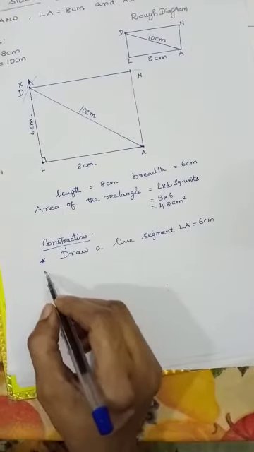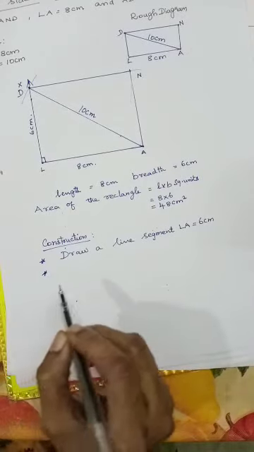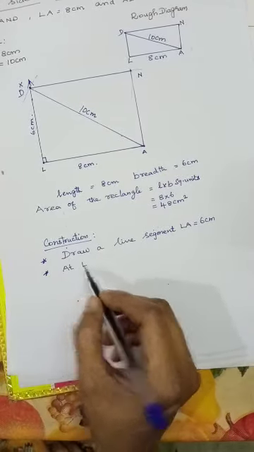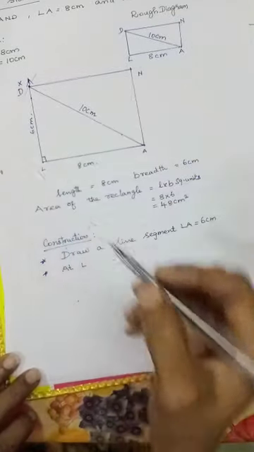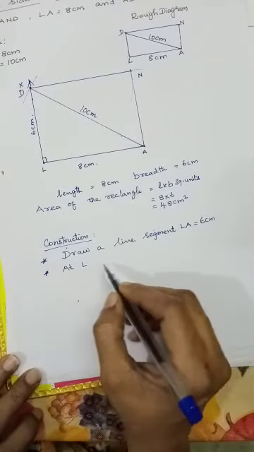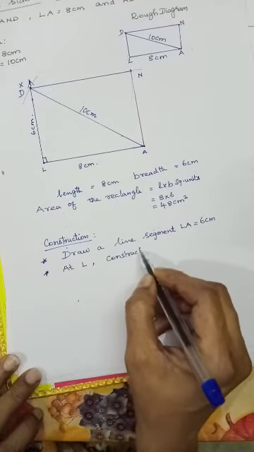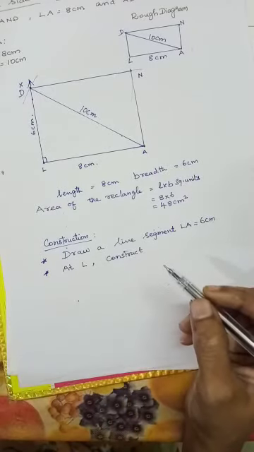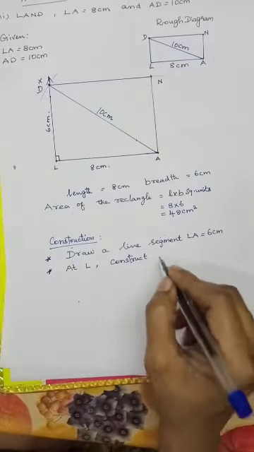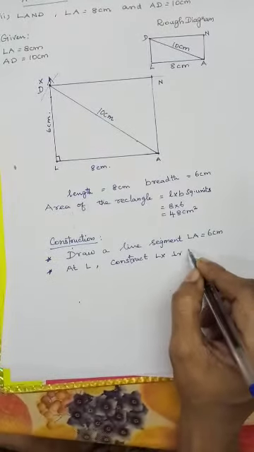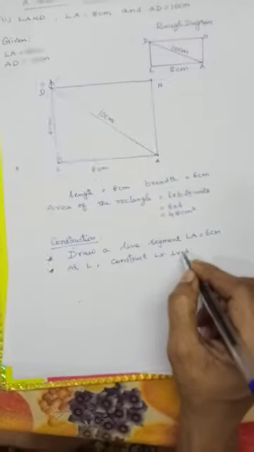Then the second point is at L. We have drawn a perpendicular line, isn't it? At L, construct LX perpendicular to LA.